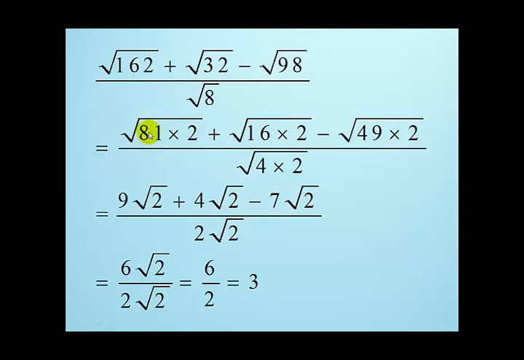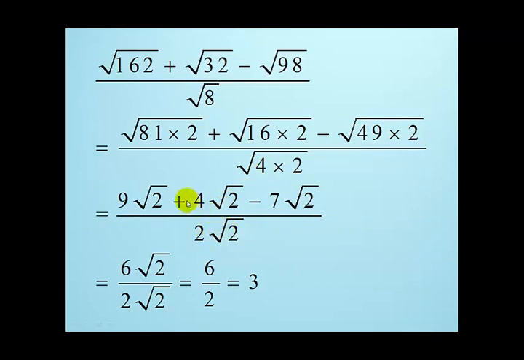So we have 9 root 2. Now, when we take the square root of 16, the answer is 4. And that is how come we have 4 root 2. Minus, when we take the square root of 49, the answer is 7. So we have 7 root 2. All divided by, taking the square root of 4, the answer is 2. So we have 2 root 2.